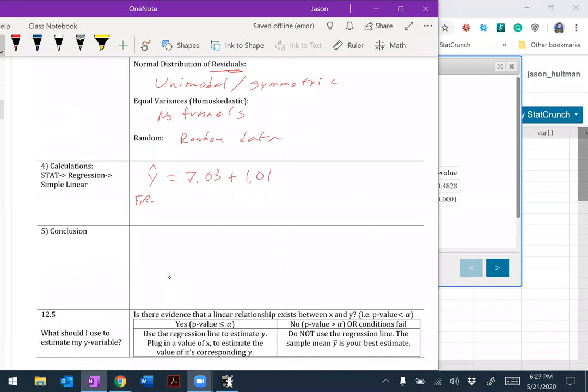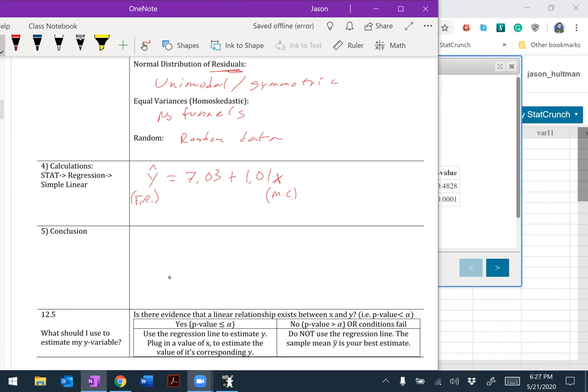Free response is y hat, and the x is the multiple choice. So that's my line of best fit.